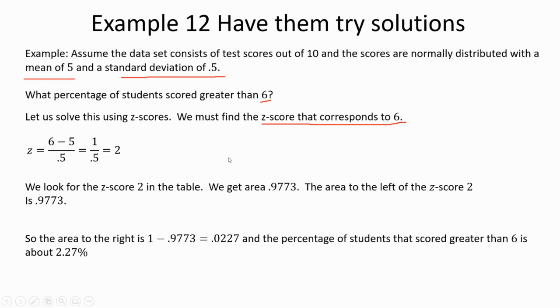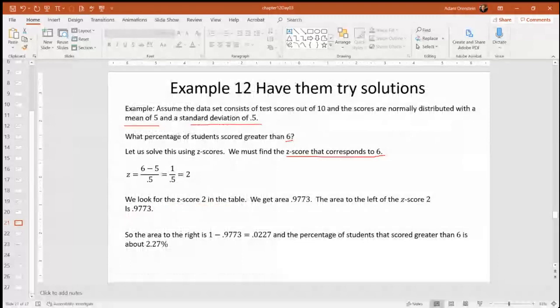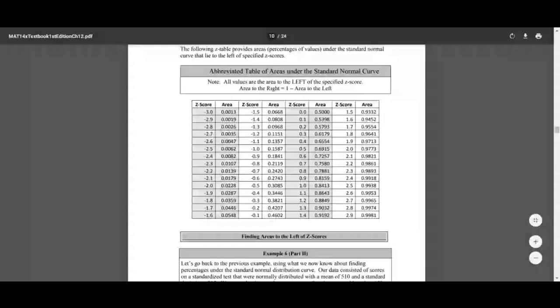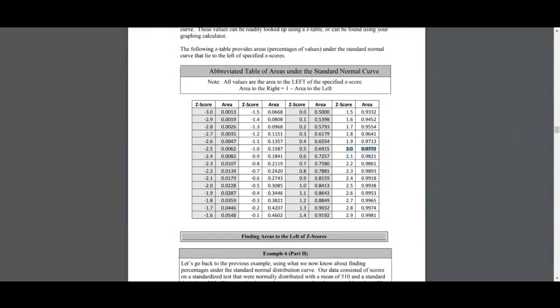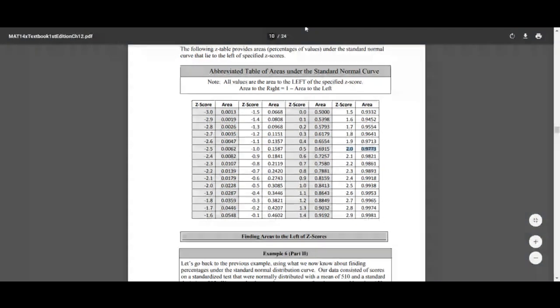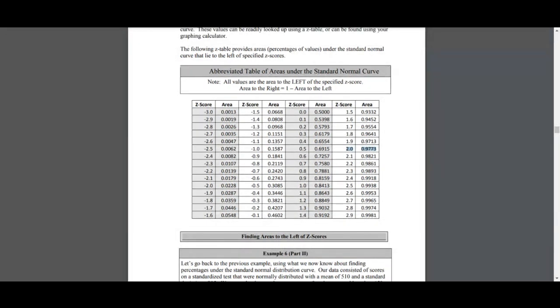All right, so let me just quickly do this, I guess. If we went to the table, let me get to the table. What we would have is 2. If we look at 2, that's down here, right? That's 0.9773.